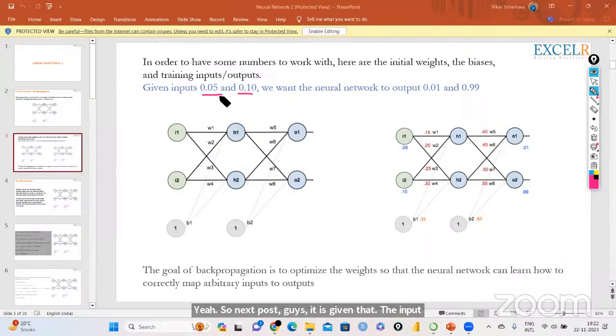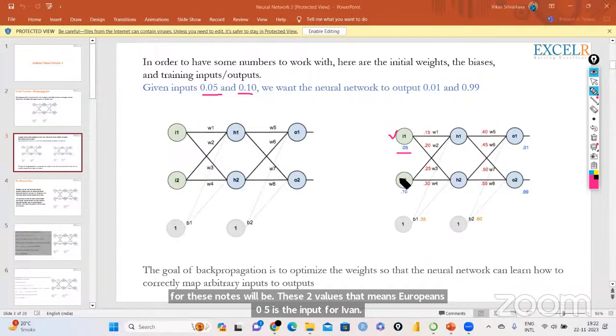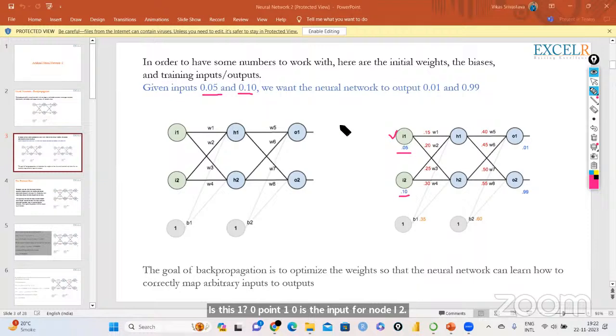That means 0.05 is the input for I1, which is this one. 0.10 is the input for node I2. And it is given that the final output is this one. This is the actual value of the output. This is not the value predicted by this neural network. This is the actual value which I know, right?